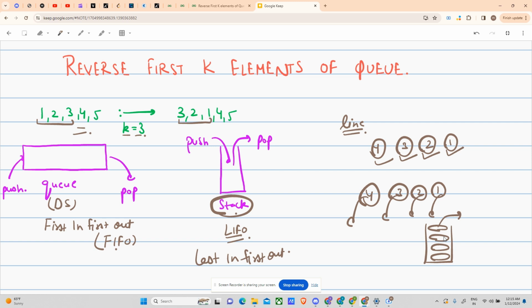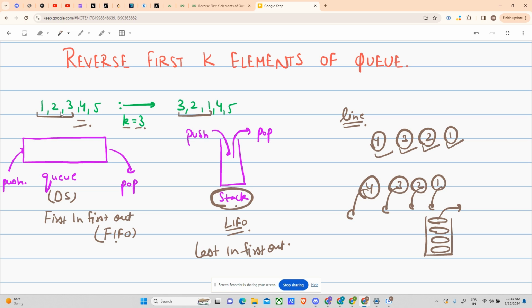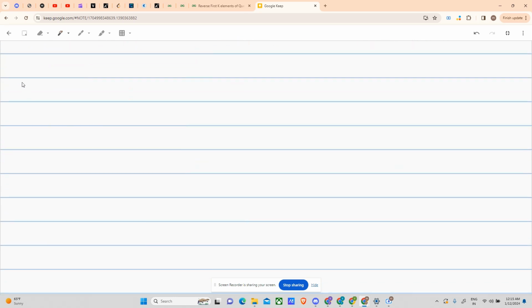These are very simple. Now, what I have to do is, I have been given a queue and I have to reverse the first K elements. So if you see, I have been given 1, 2, 3, 4, 5, and my final output should be 3, 2, 1, 4, 5. Now my algorithm works on the basis of a stack. Suppose I put 1, followed by 2, followed by 3 in the stack.